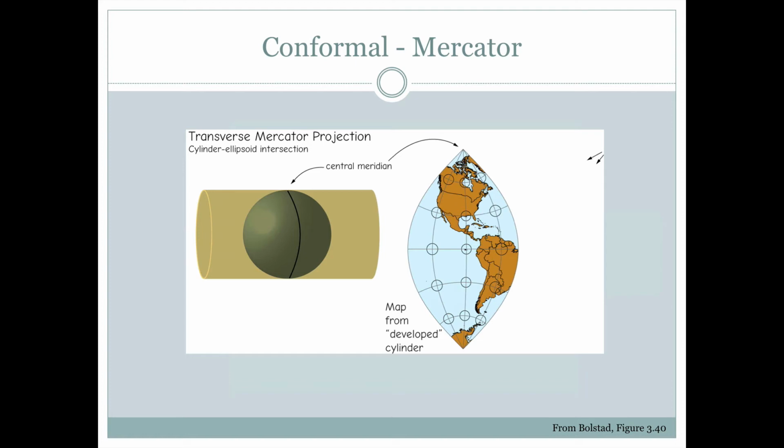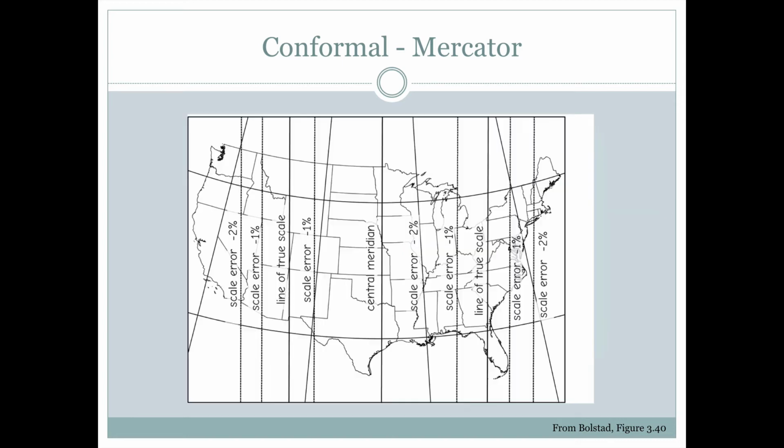Of course, the distortion, especially of size, would increase as we moved away from that one line of longitude that touches the cylinder. So we would want to be careful not to move away too far when we're making these little strips. If we looked at a conformal map projection of the United States, with the central meridian in the center of this map touching there, then if it were a secant case where it was cutting through the globe, we would have two lines of true scale.